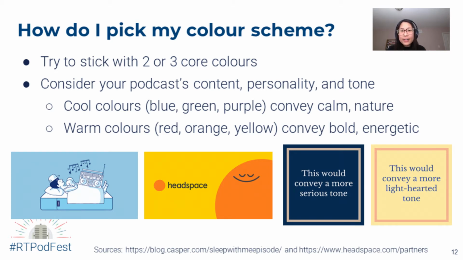On this side, I have an example of a very dark color scheme and a light color scheme. So if your podcast is very serious, maybe you're all about hard-hitting news, maybe you want to go with a more somber color scheme because something that looks like a party probably doesn't make a ton of sense.